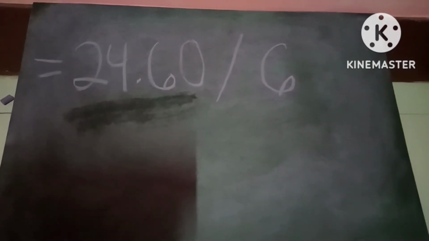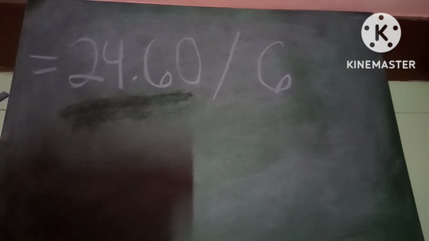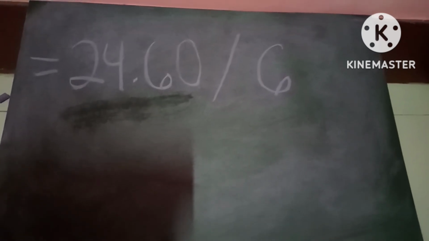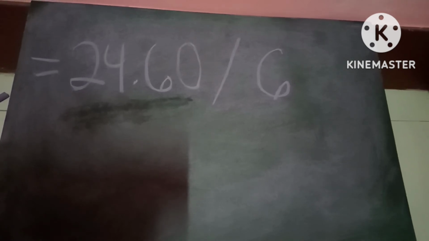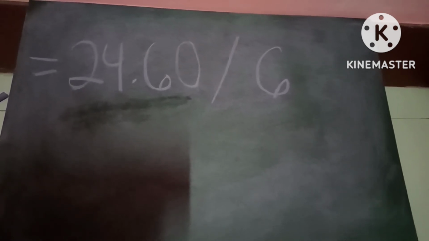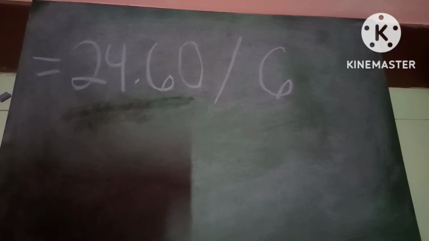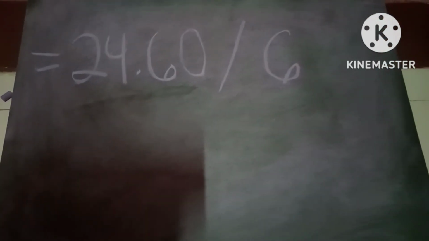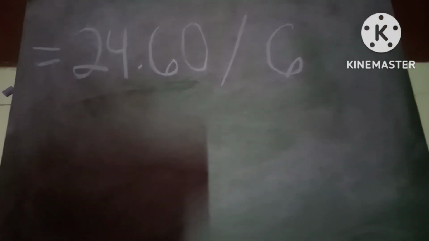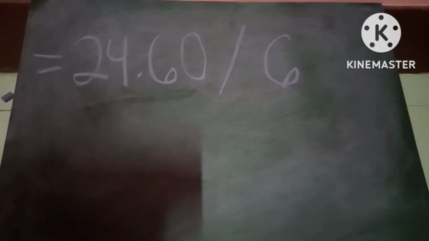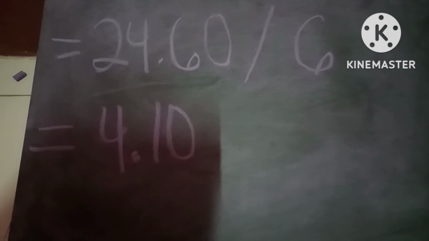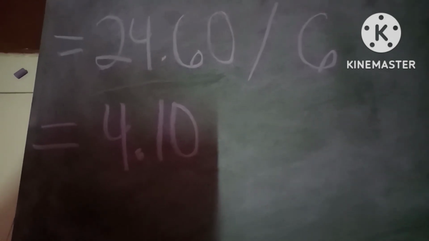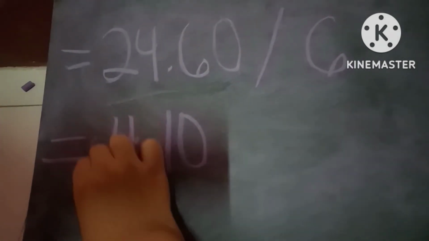By analyzing the problem, we realize that we first need to figure out just how much he earns in an hour. And to figure it out, we first need to divide the $24.60 by 6. By dividing it, we will get 4.10. Just put it here.